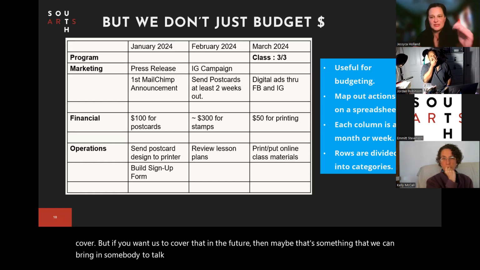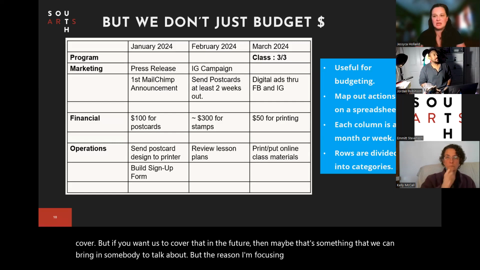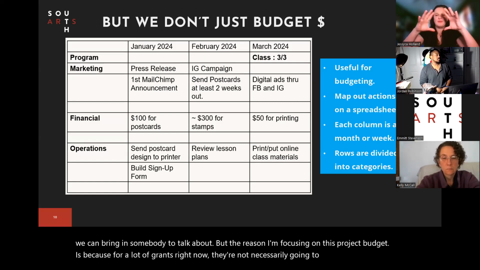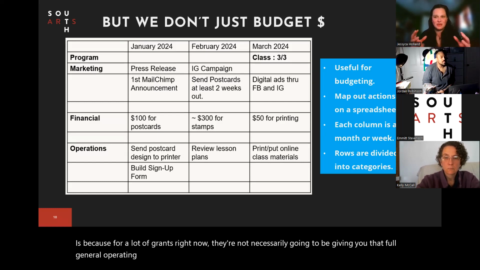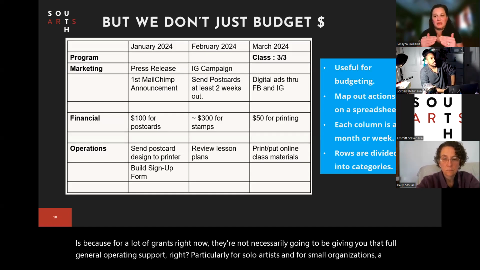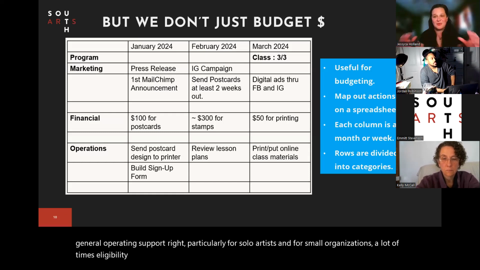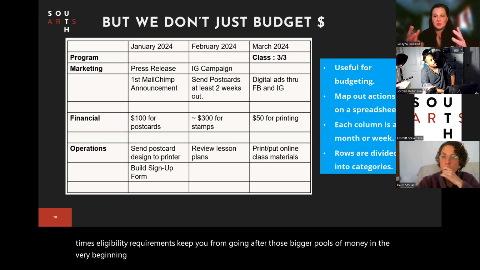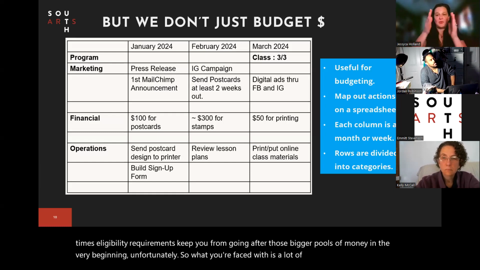The other reason I'm focusing on the project budget is that for a lot of grants right now, they're not necessarily going to be giving you that full general operating support, particularly for solo artists and small arts organizations. A lot of times eligibility requirements keep you from going after those bigger pools of money in the very beginning, unfortunately. So what you're faced with is a lot of times funding project by project and piecemealing it together.